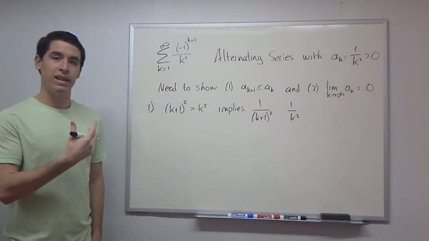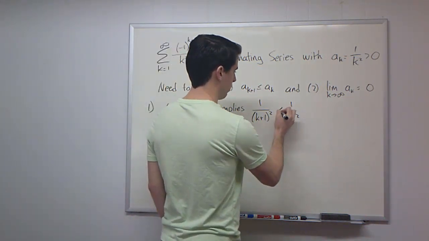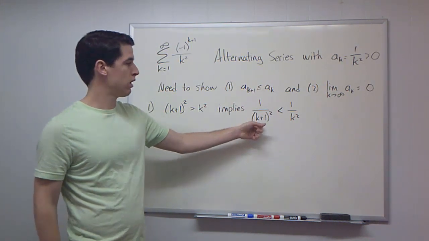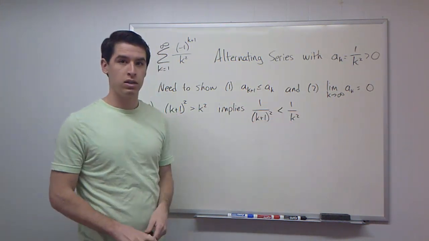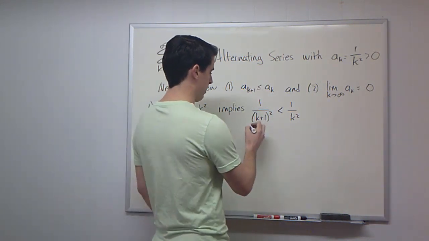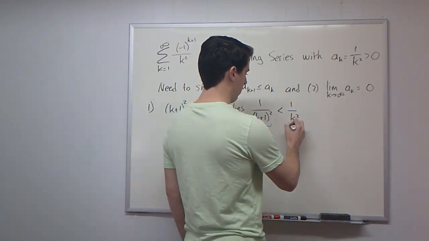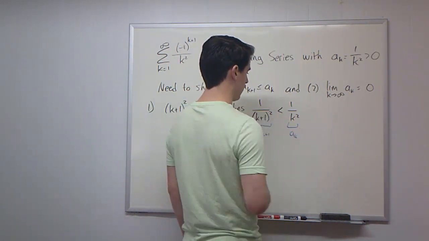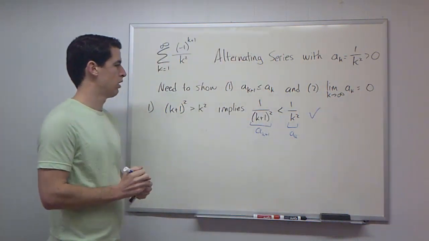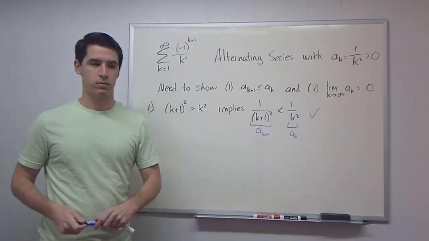Well, I know when I take the reciprocal, my inequality flips. So now I have that 1 over k plus 1 squared is less than 1 over k squared. But you'll note that this right here is a sub k plus 1, and this is a sub k. So we have shown that a sub k plus 1 is strictly less than a sub k.